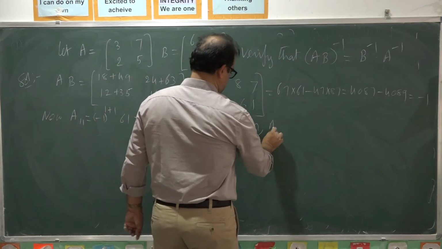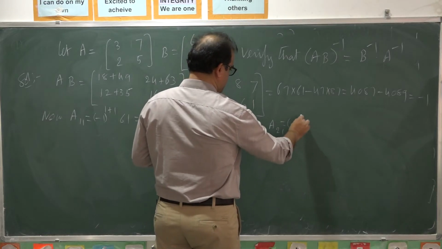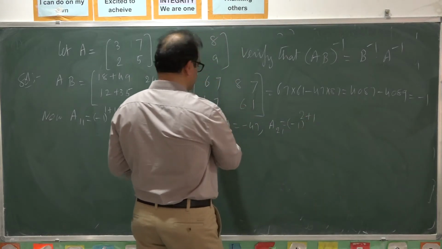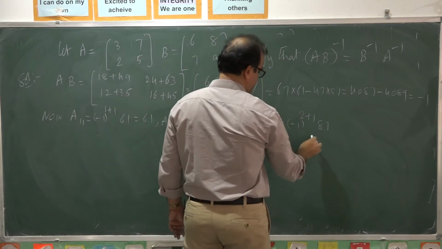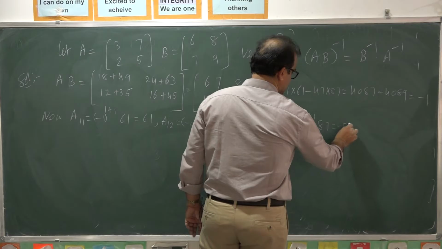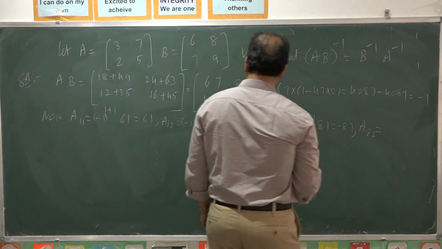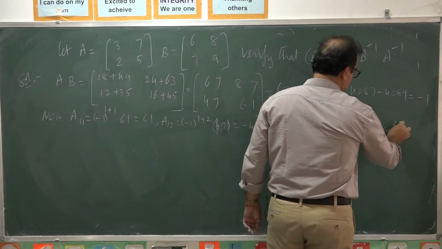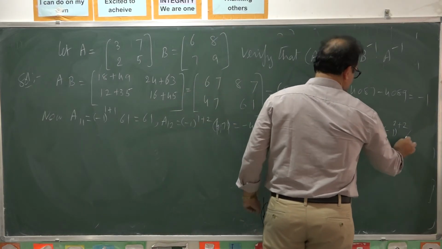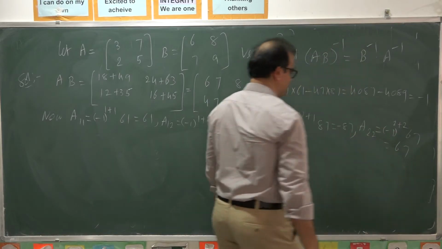Next A21, -1 to the power of 2 plus 1 into, you delete second row and first column, you get 87, minus 87. A22, you delete second row and second column, -1 to the power of 2 plus 2 into 67. This is 67.